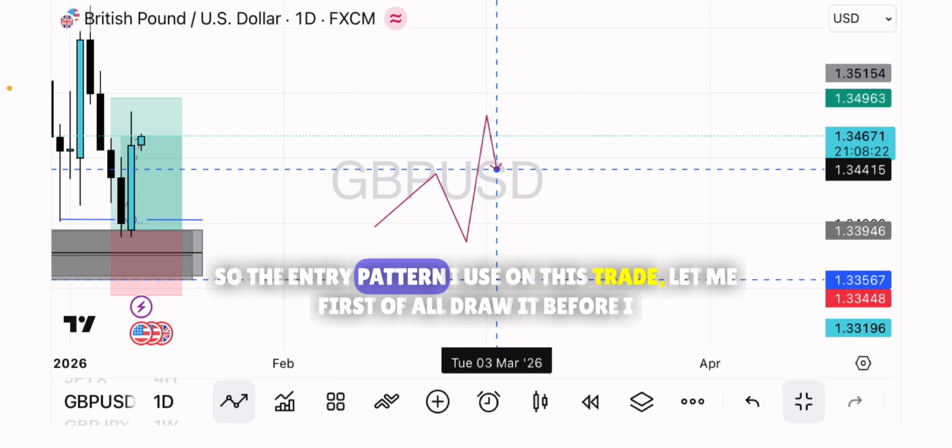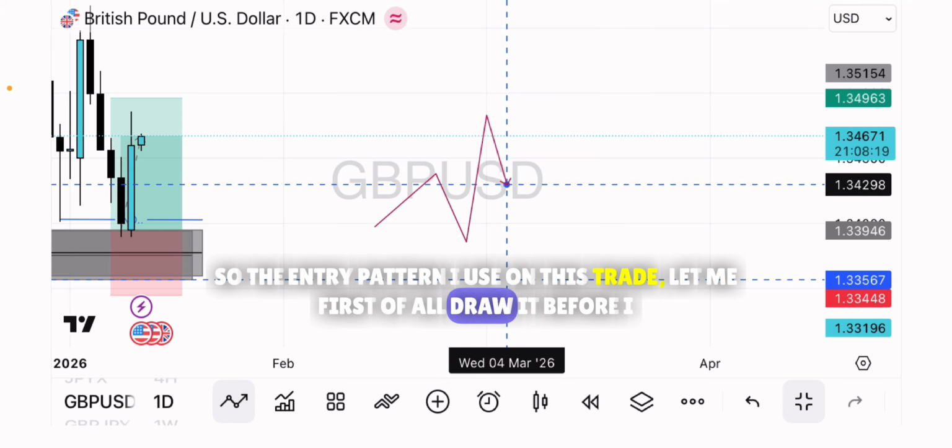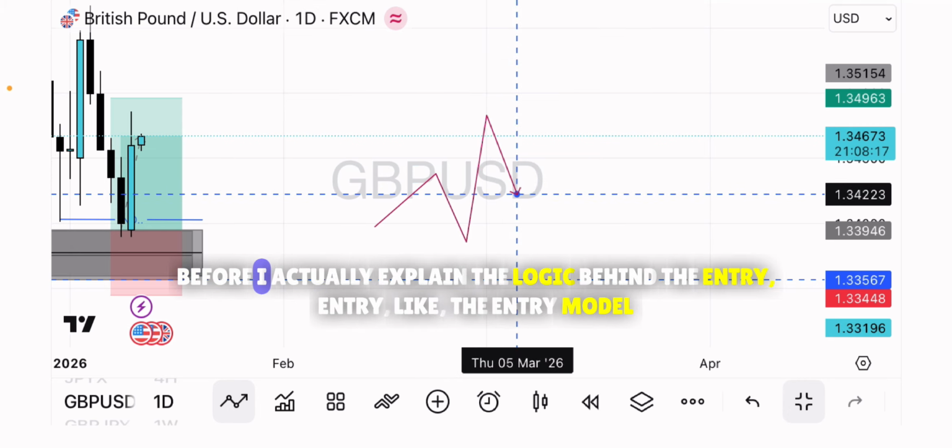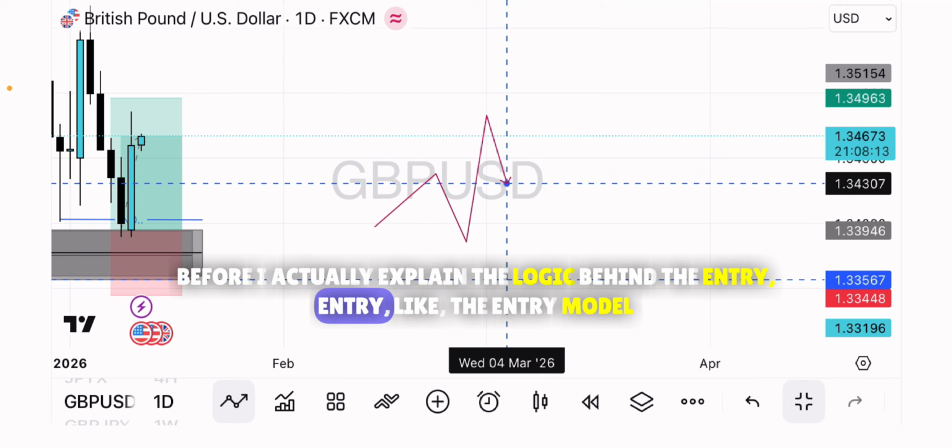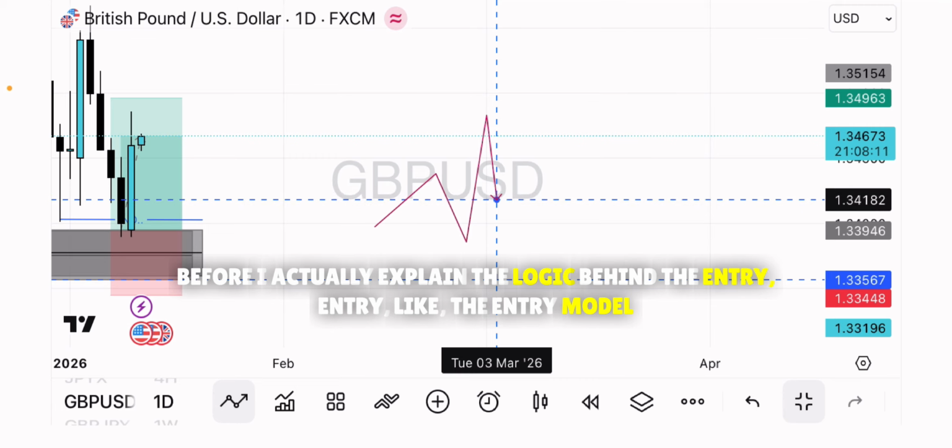So the entry pattern I use on this trade, let me first of all draw it before I actually explain the logic behind the entry model.